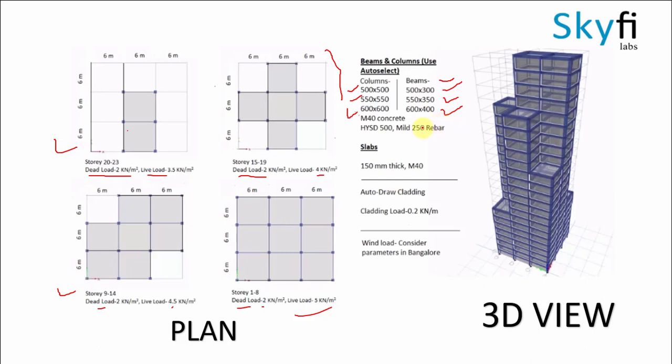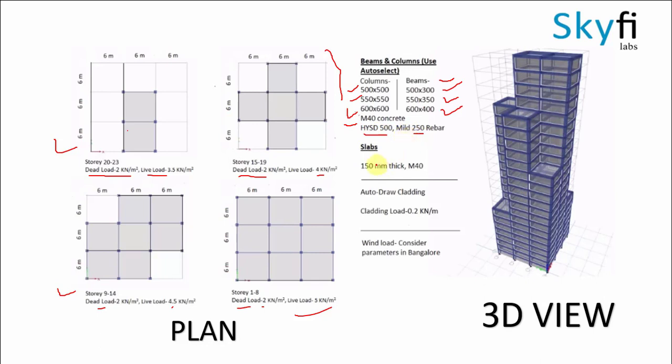The material used in our building is concrete of grade M40, and the grades of steel given to us are HYSD 500 and mild steel 250.